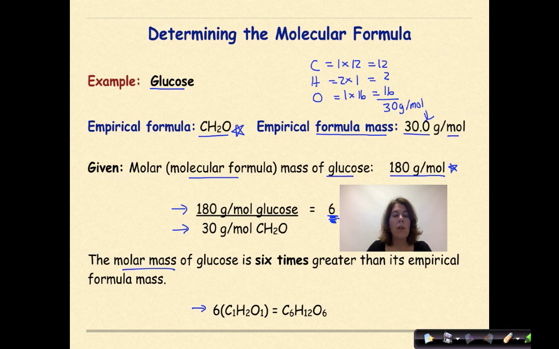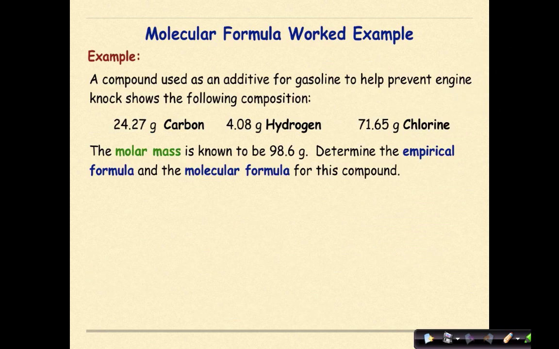So the molar mass of glucose is 6 times greater than its empirical formula mass. So take that 6, multiply it by all the subscripts in the empirical formula, and you will get the molecular formula of glucose, which we know is C6H12O6.